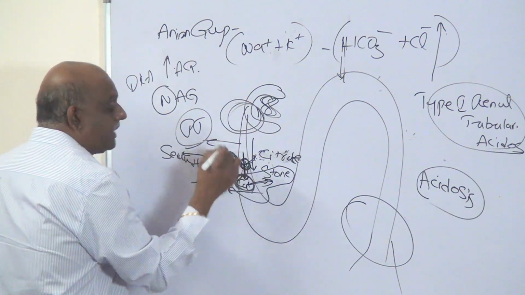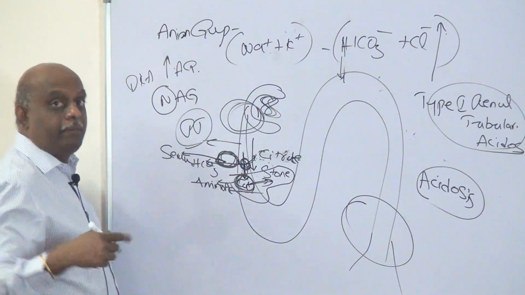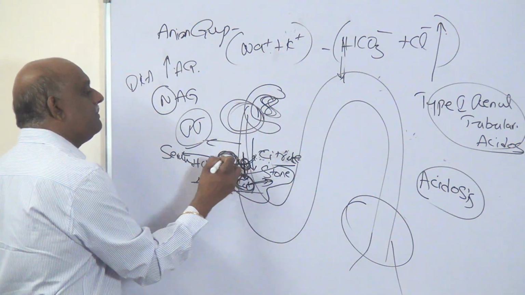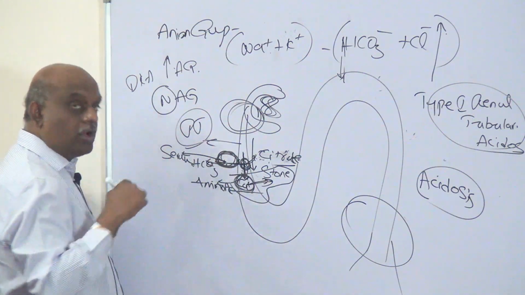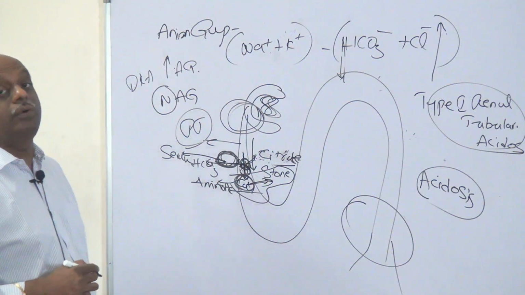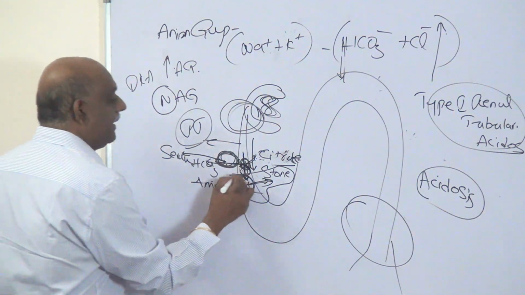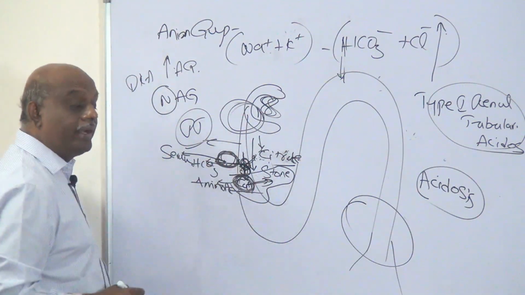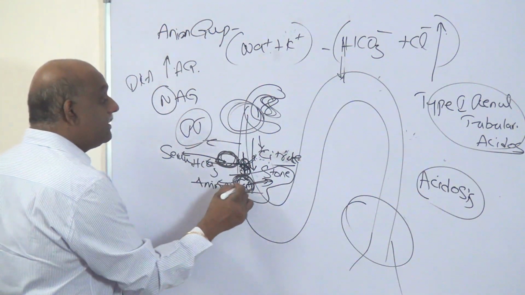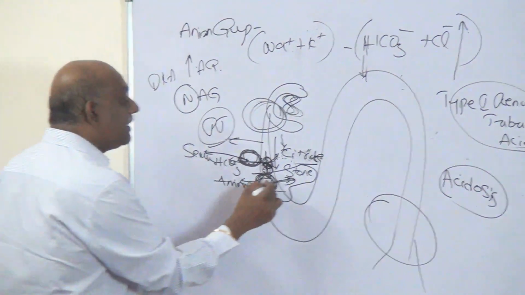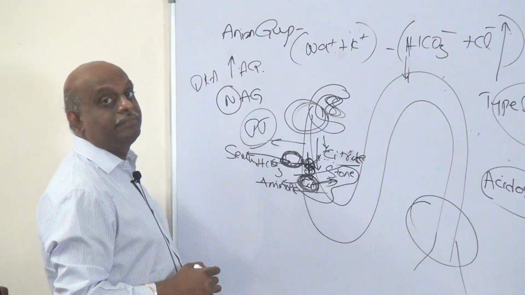Acidosis will promote excessive citrate reabsorption in the proximal tubule, and because of that, the citrate levels in the tubular fluid will decrease. That is the reason calcium has nobody to sequester it, and that leads to calcium stone formation.